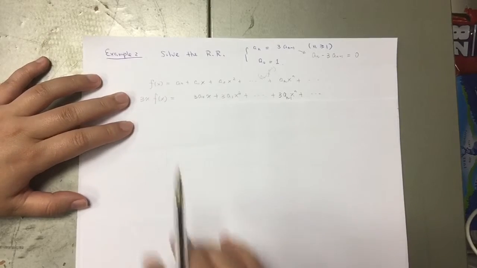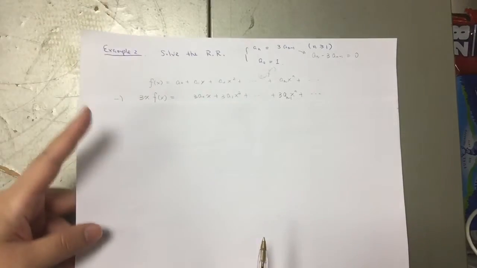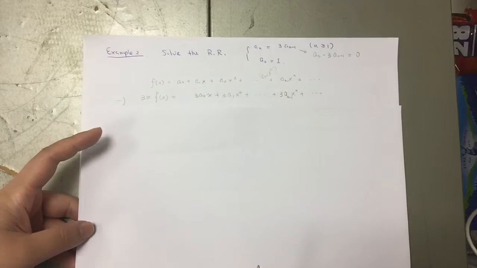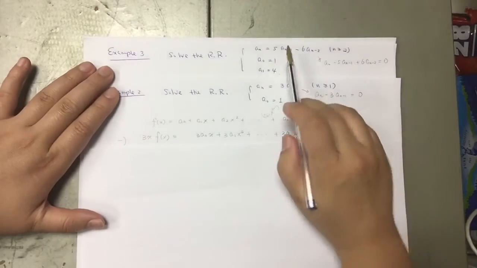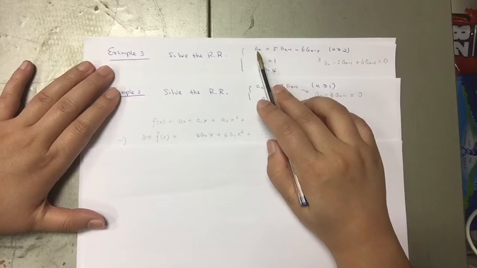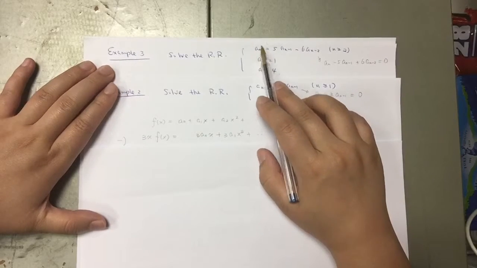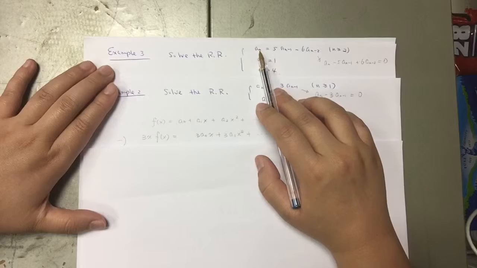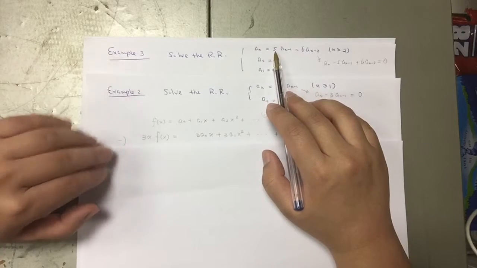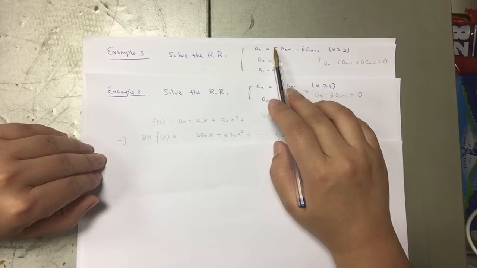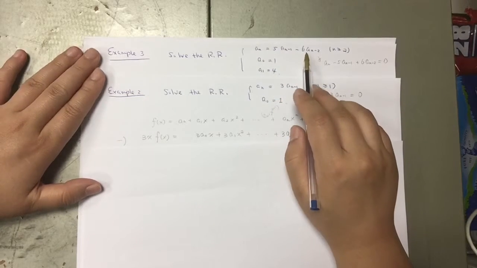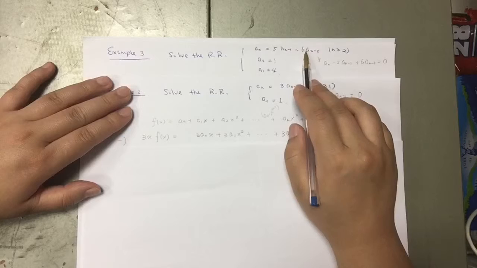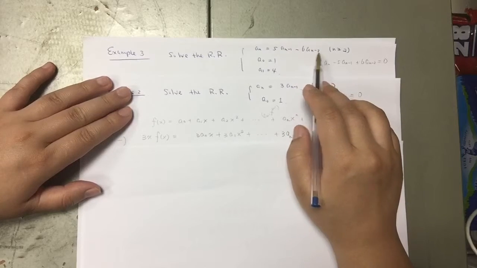For the same idea, let's jump to example 3. When we have this recurrence relation, after we have f(x) for the general generating function of a_n, we will also need to calculate 5 times x times f(x), and then 6 times x squared times f(x).